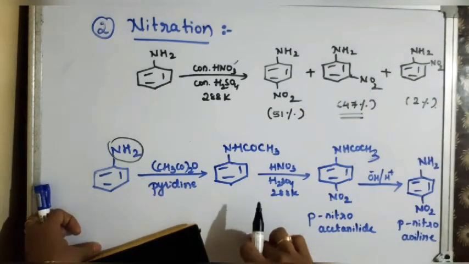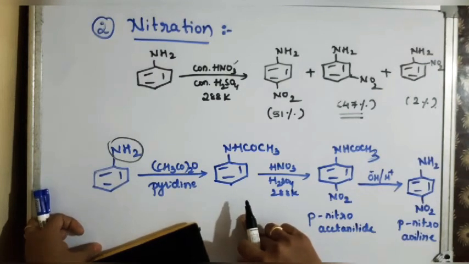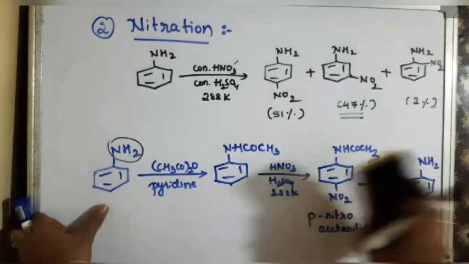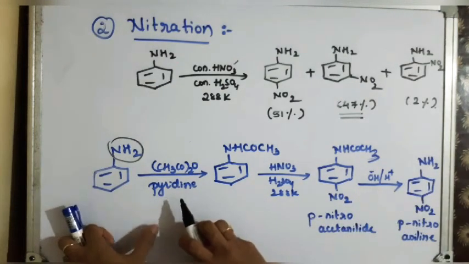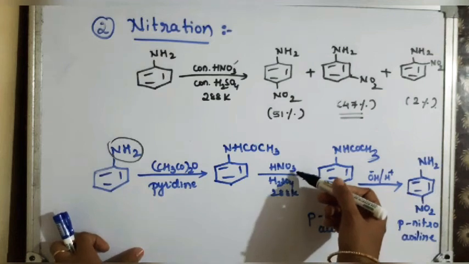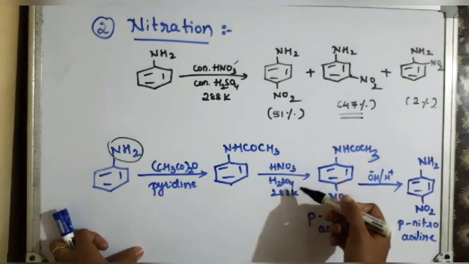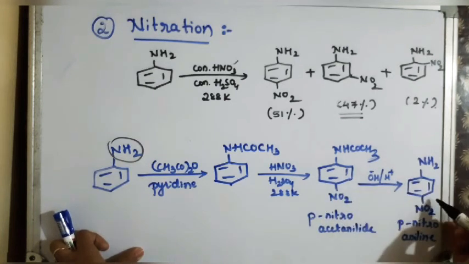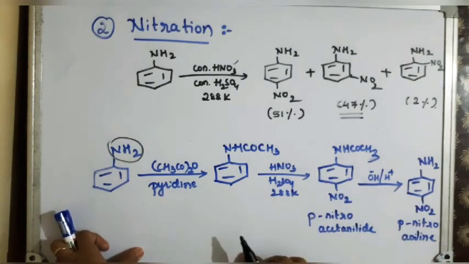To get the monosubstituted nitro compound of aniline, first aniline is treated with acetic anhydride in pyridine, it gives acetanilide. Then it is treated with nitrating mixture which gives para-nitroacetanilide, which on hydrolysis gives para-nitroaniline.